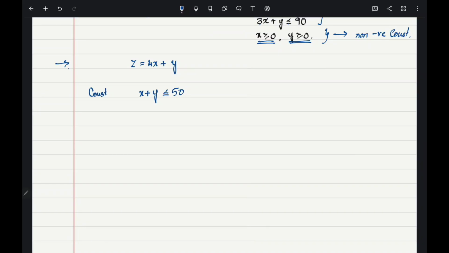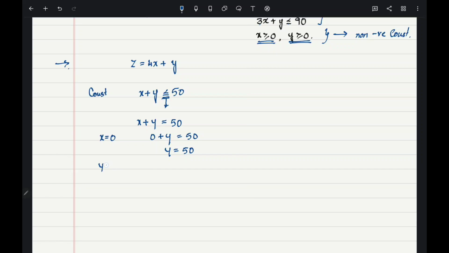Instead of taking the inequality symbol, I will be converting it into an equality symbol, x plus y is equal to 50, because it is very easy and you have already solved linear equations like this. So give a value for x. I am giving x value as 0 and substituting here, we get 0 plus y is equal to 50. Then the value for y is 50.